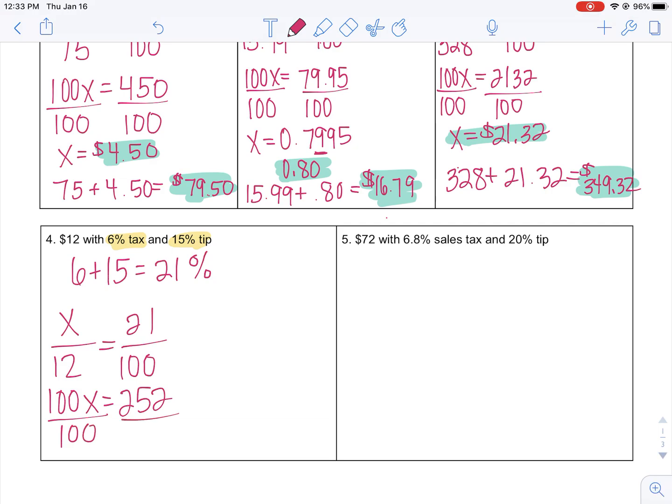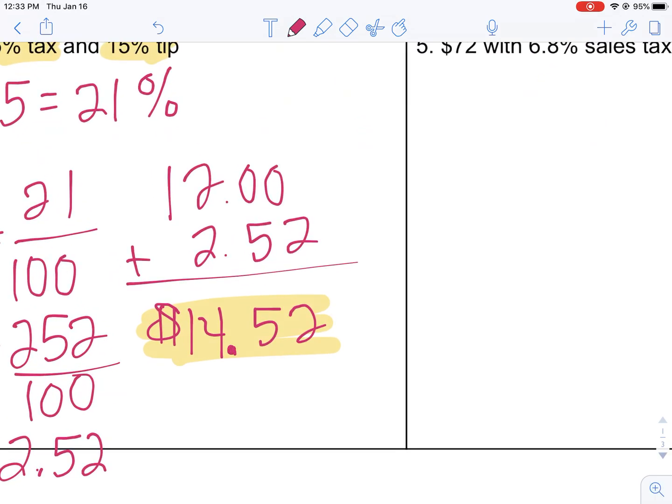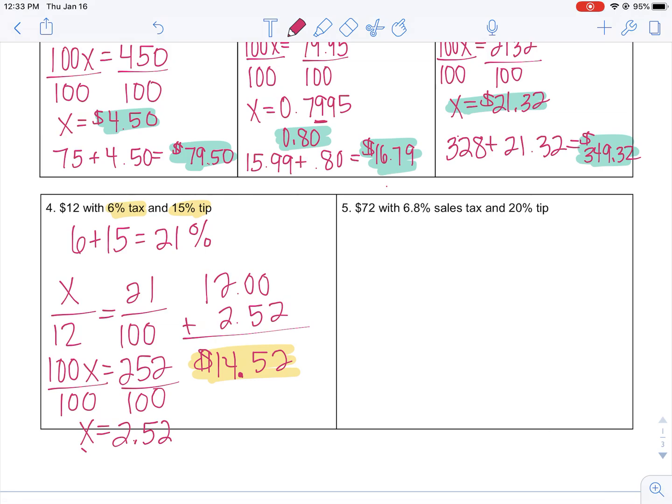I'm going to divide by 100 on both sides. And x is equal to $2.52. It's a low amount because you're finding a low percentage of a low dollar amount. And I'm going to take $12 plus $2.52 and get a total of $14.52. Now, if you are asked to find the tax and the tips separately and give two separate answers, you do need to do two proportions like I did in the top example.